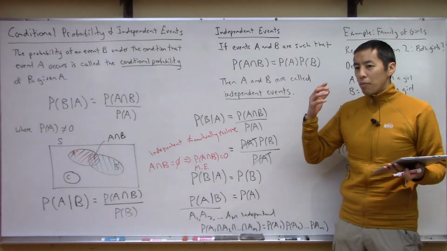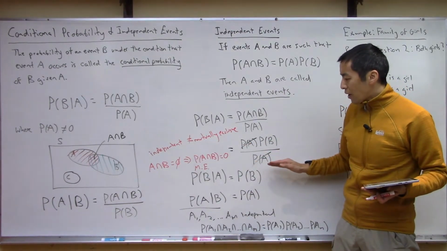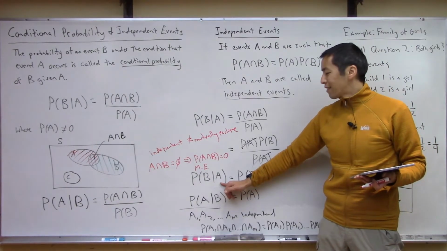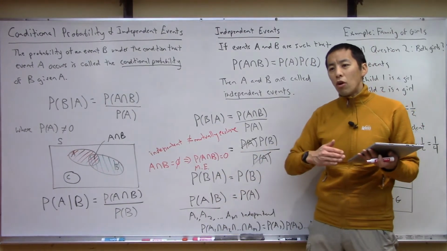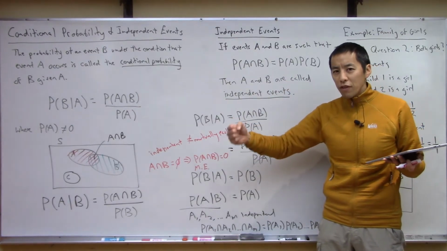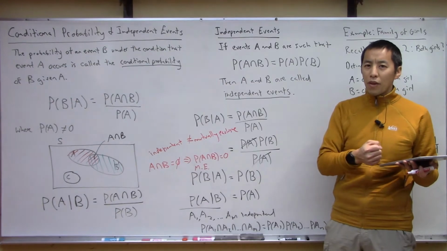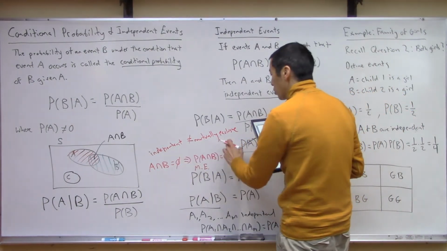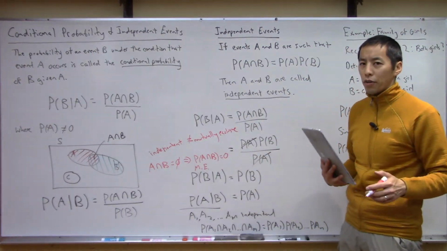But conceptually, it's almost even easier. Independent events means that the fact that one of the events occurred does not tell you anything about the other event. Mutually exclusive is almost the exact opposite extreme. The fact that one of these events occurred tells you everything you need to know about the other event, namely that it cannot occur. So again, independent and mutually exclusive are not the same. They are almost like polar opposites of one another.